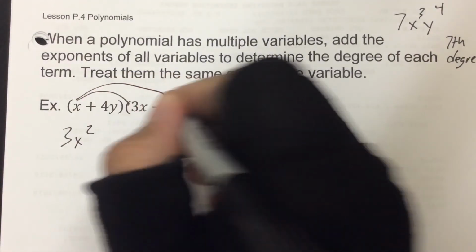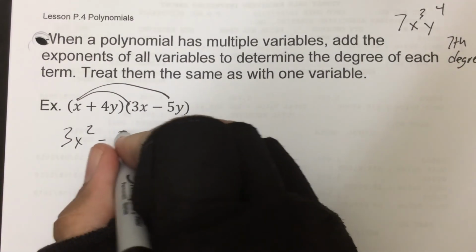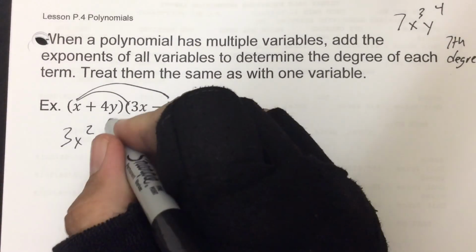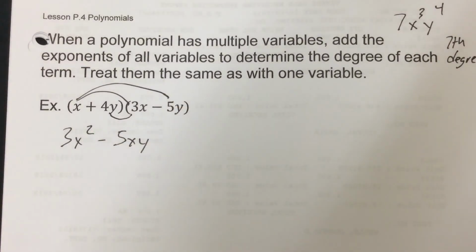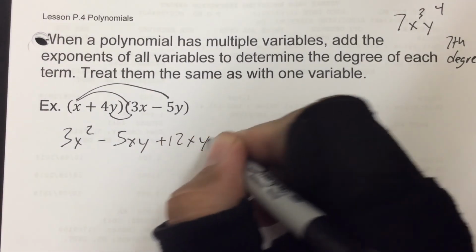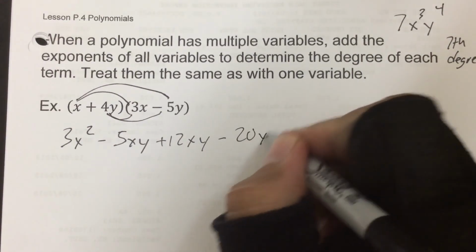But now when we do x times minus 5y, we're not going to put them together. We're going to keep them separate with different variables. So the 4y times the 3x is plus 12xy, and 4y times the negative 5y is negative 20y squared.